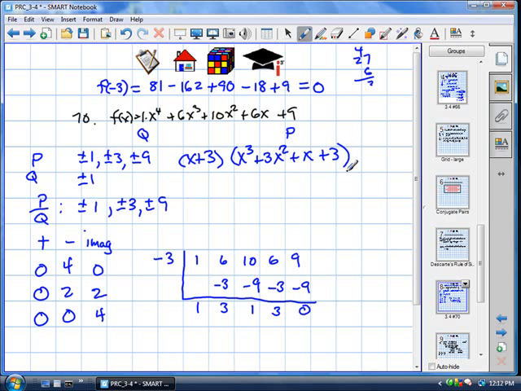So let's plug in negative 3 and see what happens. Okay, you get negative 27 plus 27. Cool, we're at 0. Minus 3 plus 3. It works again. You see that? So now I know we have another factor of x plus 3.